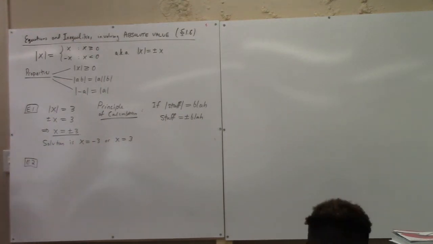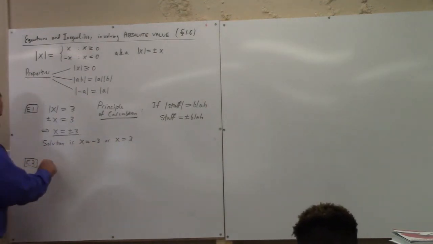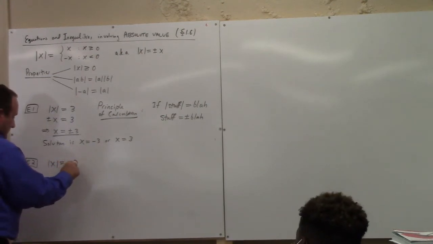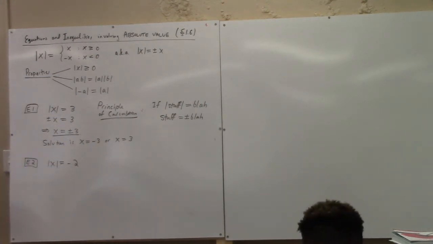What if we were going to solve, say, absolute value of x is equal to minus 2? Solve that. The instructions for all my examples today are pretty much solve. So what's the solution set here?